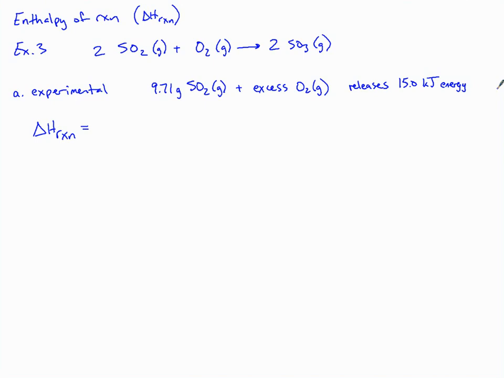So delta H of the reaction is using the same formula that we just saw, the heat of the reaction divided by the number of moles of the reaction. The heat of the reaction they gave to us, it released 15.0 kilojoules of energy. If it released, it's negative.